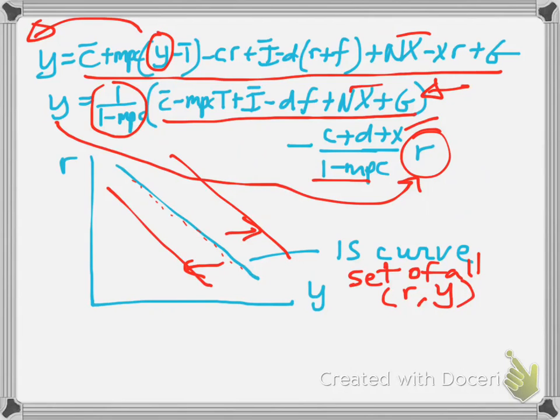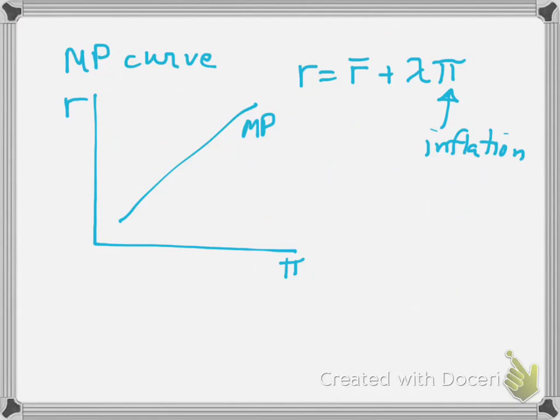What do we do with this IS curve? Well, not much now. What we need to do is think about what determines the interest rate, and Mankiw is going to make the modeling assumption that the interest rate is determined by the central bank. The central bank has what's called the monetary policy curve.